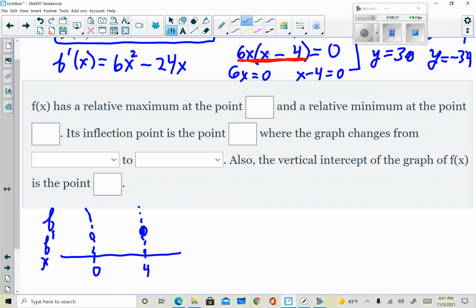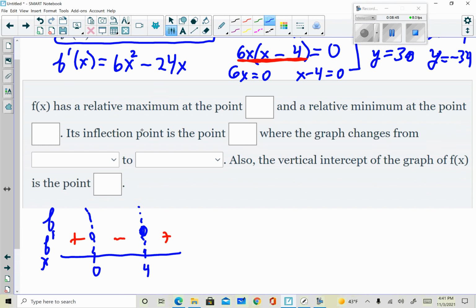You'll see a negative times a negative, which is a positive. Plug a number between 0 and 4, like 1, in here, and you'll have a positive times a negative, which is a negative. And if you plug any number bigger than 4 in here, like 5, 6 times 5 times 5 minus 4, that's a positive times a positive, which is positive.